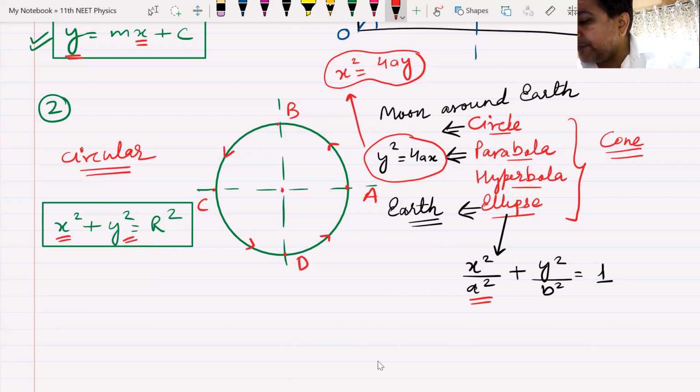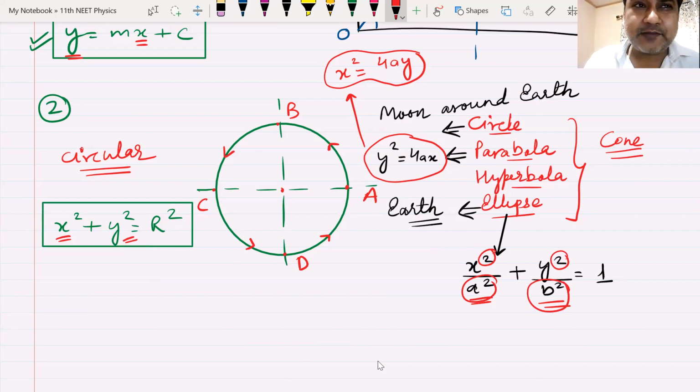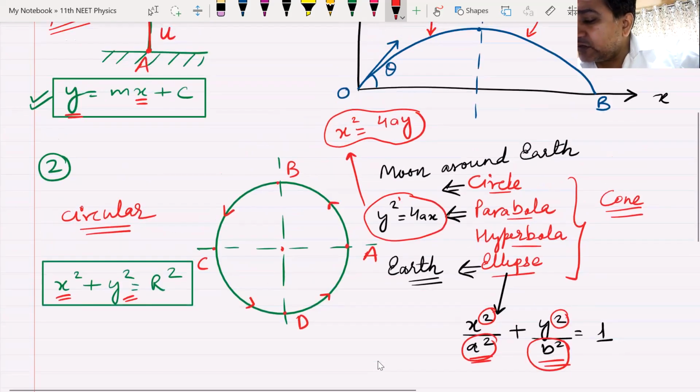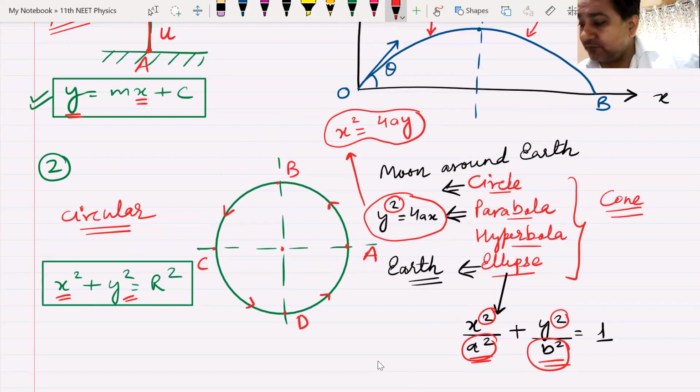For ellipse, their powers are same. Powers for both x and y is 2, but their coefficients are different. One has a coefficient of 1 by a square, the other has a coefficient of 1 by b square. Look at parabola. In this equation, y has a power of 2, but x has a power of 1. In this equation, x has a power of 2 and y has a power of 1. That is the difference between the different equations.